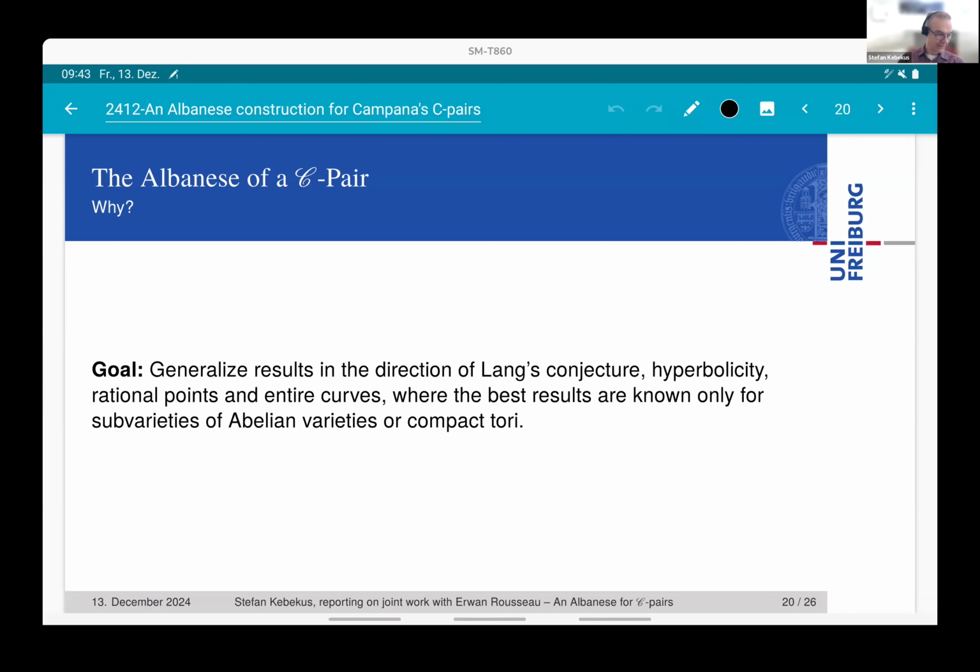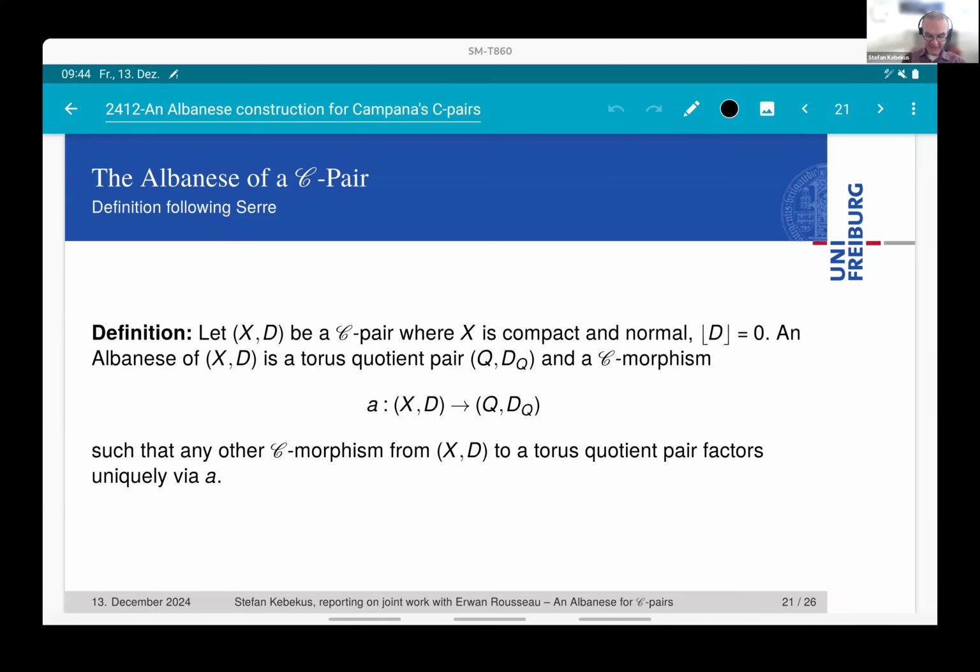But we are trying to follow the definition that was proposed by Serre, who said that the Albanese of a projective variety is the universal morphism to an abelian variety. We believe that the C-pair analog of an abelian variety should be a quotient of an abelian variety, or in the complex setting, a quotient of a torus. And we emulate Serre's definition: we say the Albanese of a C-pair should be the universal map to a torus quotient.